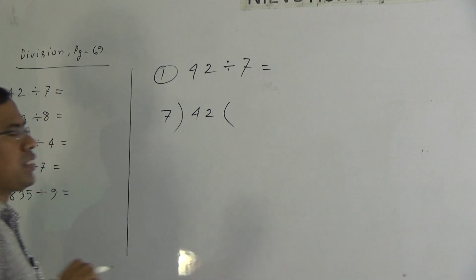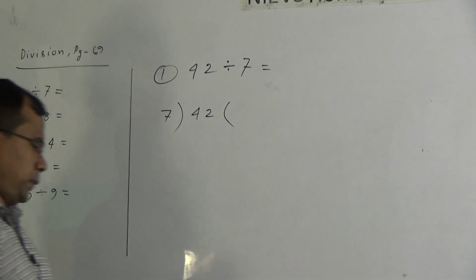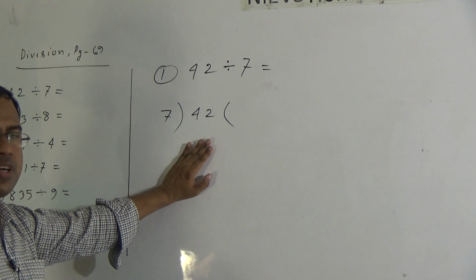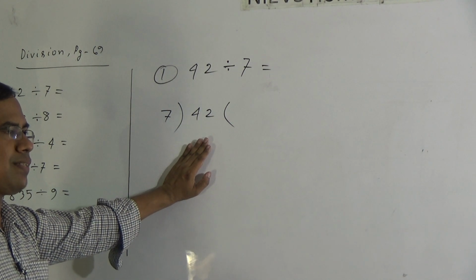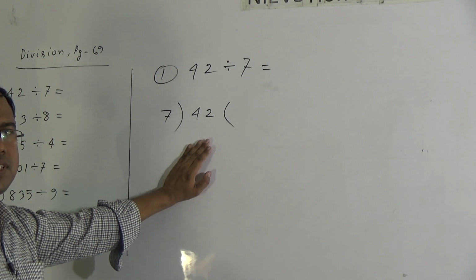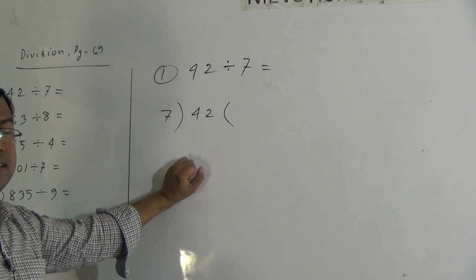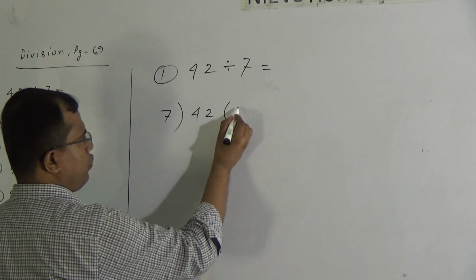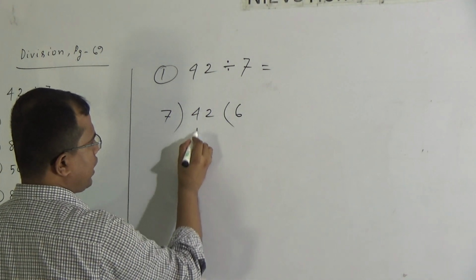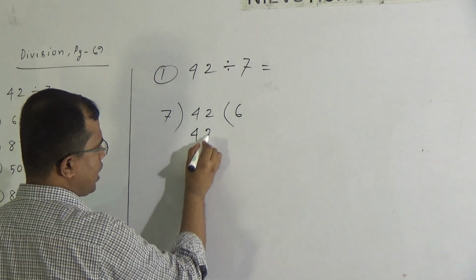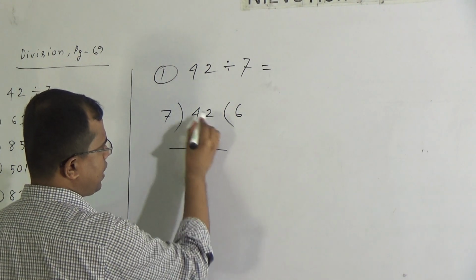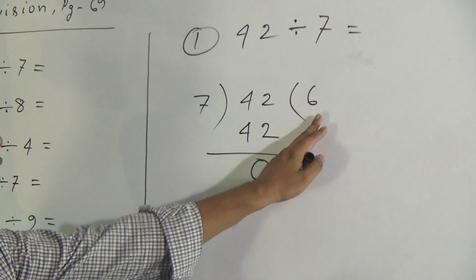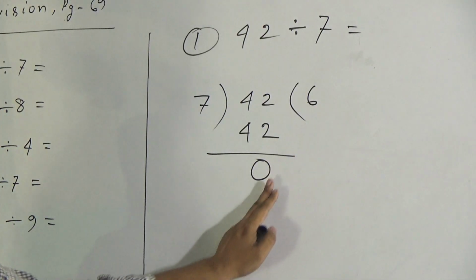We will read the times table of 7. 7 ones are 7, 7 twos are 14, 7 threes are 21, 7 fours are 28, 7 fives are 35, and 7 sixes are 42. If we give 6 times, then we can get 42. So we will write 42 under 42. After subtracting, we will get 0 here. Dear students, here quotient is 6 and remainder is 0.